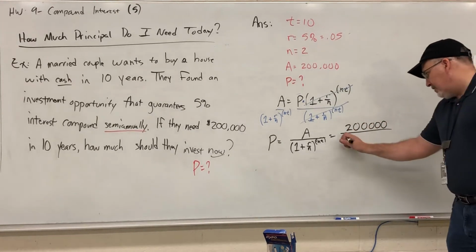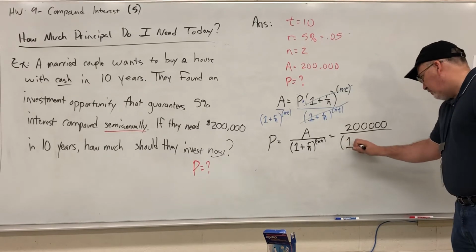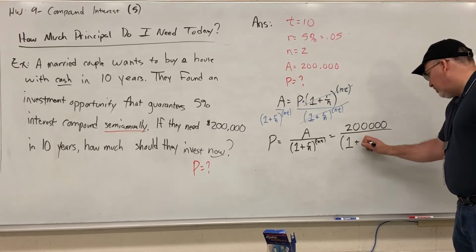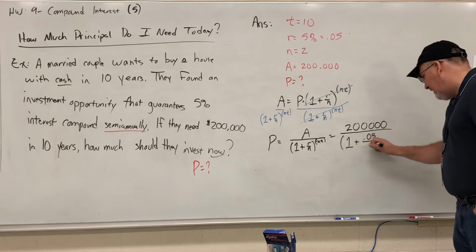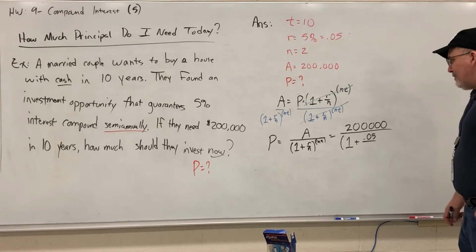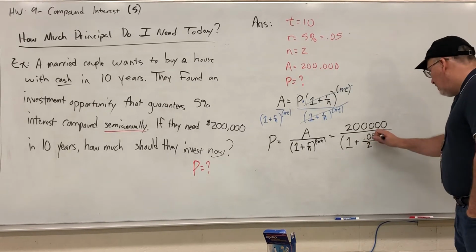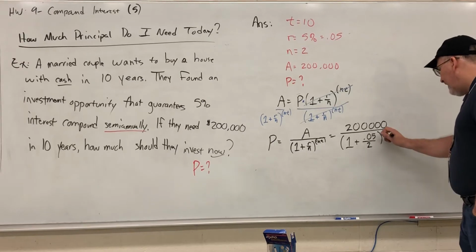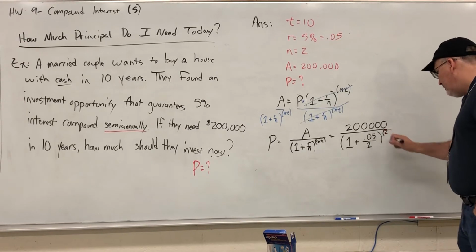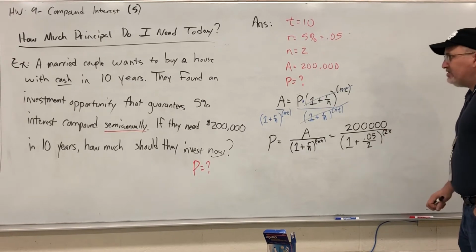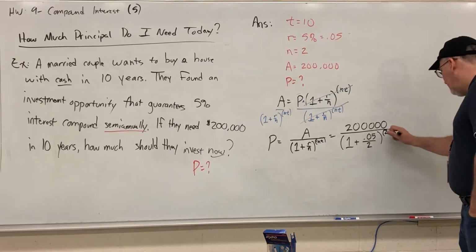In the denominator, parentheses 1 plus, the interest rate is 5%, 0.05, divided by N, which was 2, close parentheses. In the exponent, it's N, which is 2, times T, which is 10.